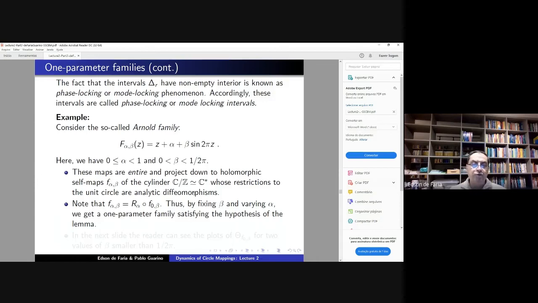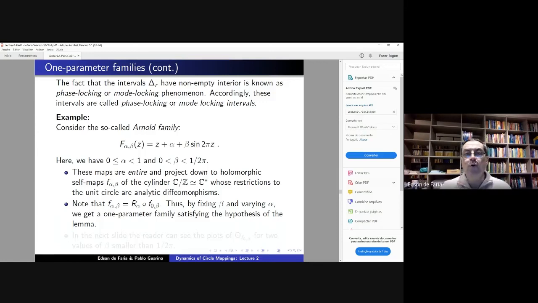So these F's quotient down to holomorphic self maps of the cylinder, and the restrictions to the unit circle are analytic diffeomorphisms. Because if you look at capital F sub alpha beta, it's really the composition of F sub 0 beta, composed on the left by the translation by alpha.